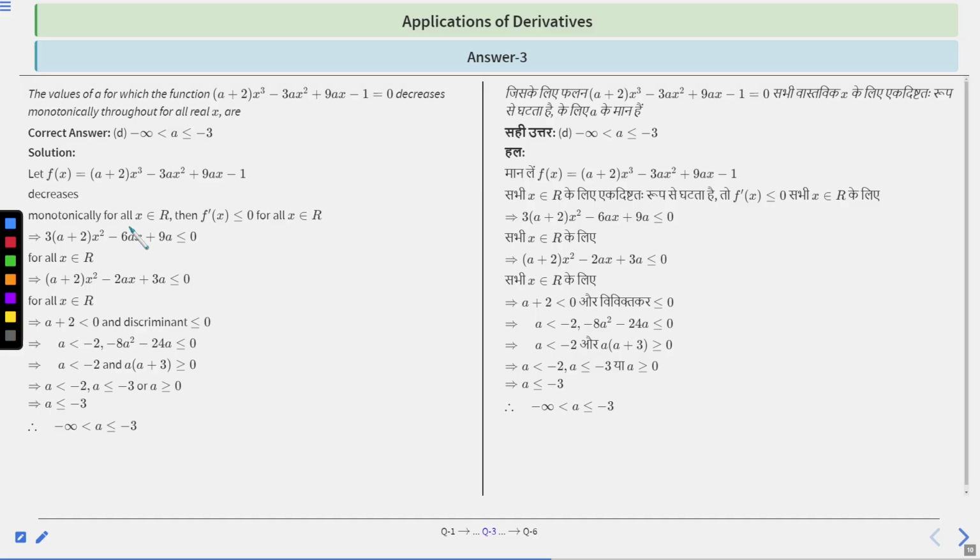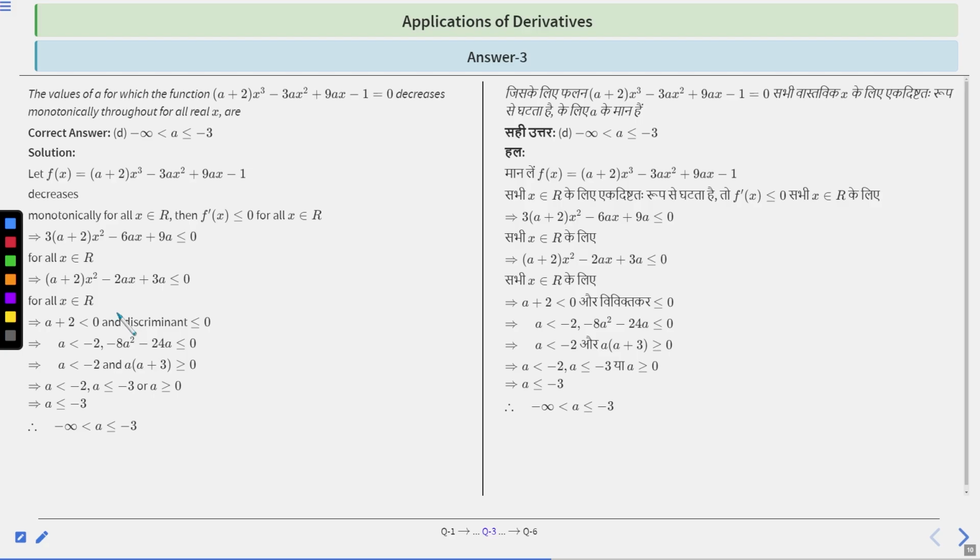Okay, let's move to the solution part. Let f(x) = (a + 2)x³ − 3ax² + 9ax − 1. Since f(x) decreases monotonically for all x belonging to the reals, f'(x) will be less than or equal to 0 for all x belonging to the reals. So f'(x) is 3(a + 2)x² − 6ax + 9a ≤ 0 for all x.